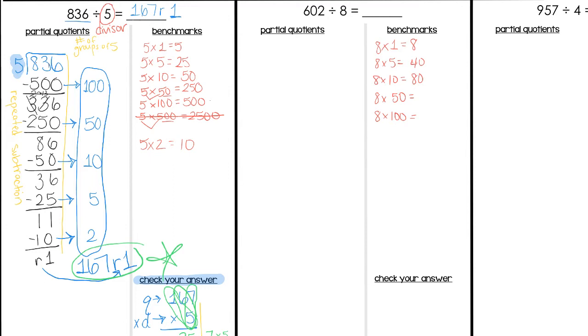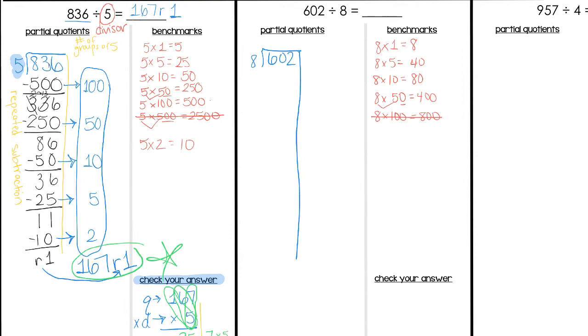All right, 8 times 50. 8 times 5 is 40, and we have one more 0 in the ones place. And then 8 times 100 is 800, which is larger than 602, so I'm not going to use that one. When we come over and write 602, and remember your finger space so we have room here, divided by 8.